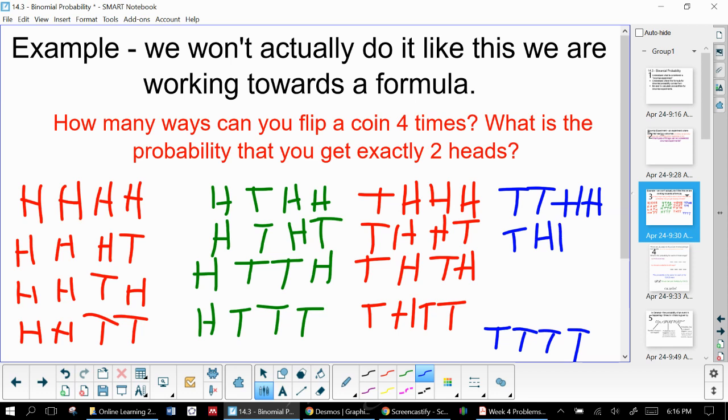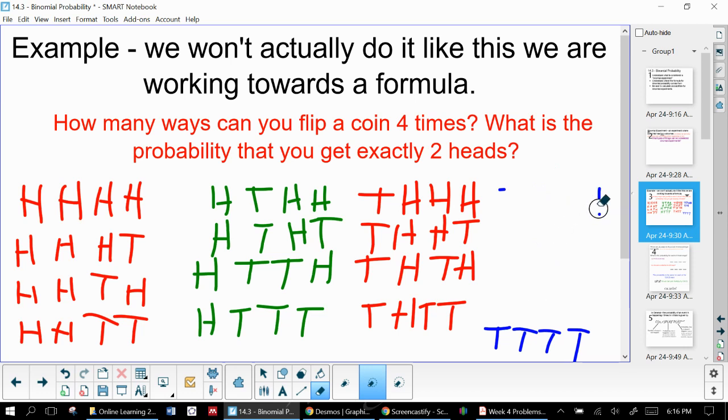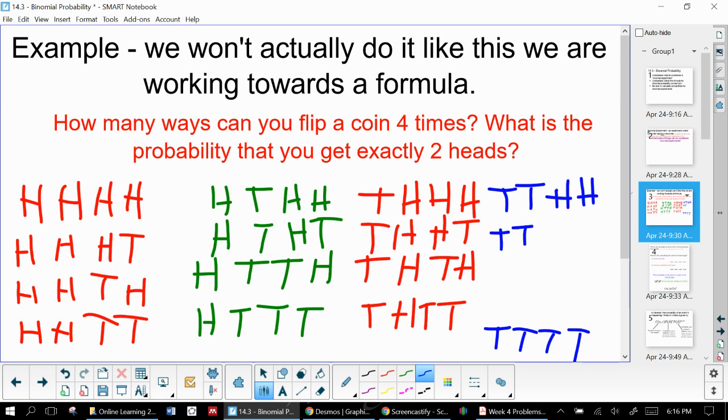Wait a minute, make sure I get that one right before I do it. I'm just trying to match these up so that they're exactly the same, but with the 1 changed. You can see how these all started with tails, heads. Now I'm going to start these with tails, tails, heads, heads, tails, tails, heads, tails, and tails, tails, tails, heads.